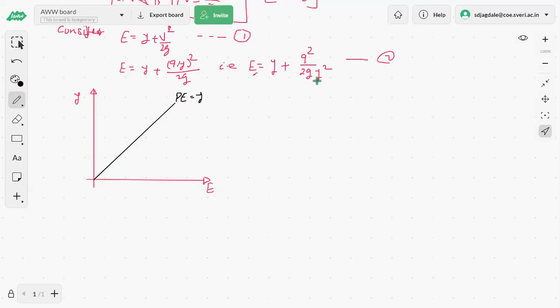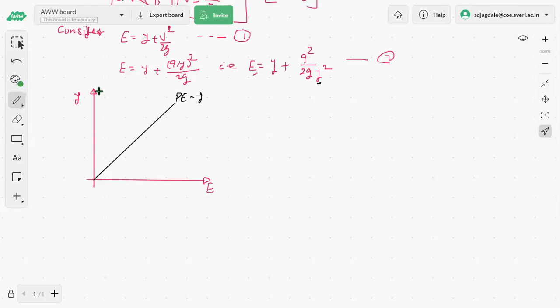Then we plot another curve for the kinetic energy, that is Q square upon 2g y square. Now here Q is a constant, and y has the second power. It means that as it has a second power, it will be parabolic in nature.